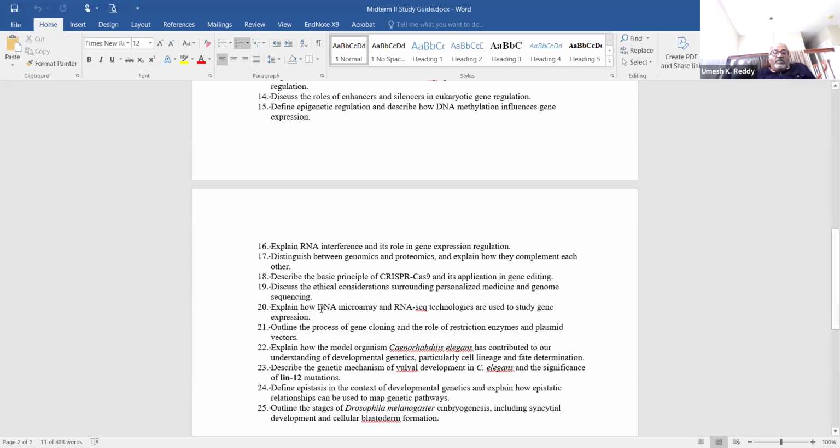So the next question is question number 20. Explain how DNA microarray and RNA sequencing technologies are different. We discussed this topic nicely in the class. DNA microarrays are small arrays, small epoxy surfaces the size of a postage stamp, where millions of fragments are spotted.